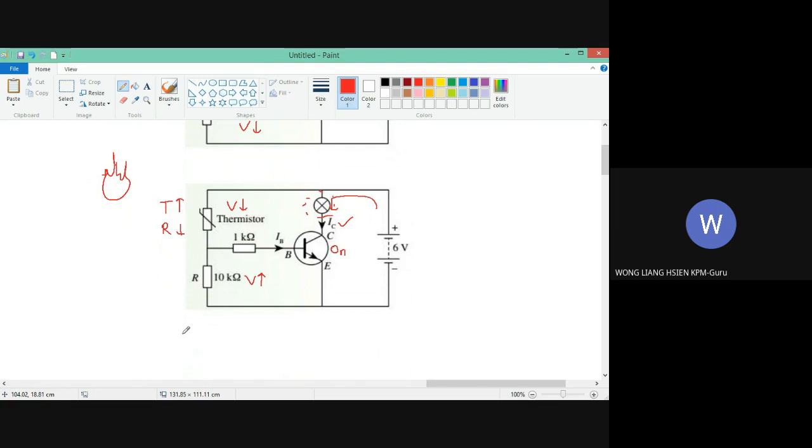It can be used to act as a logic circuit. That means when a certain condition is fulfilled, it can automatically turn on or turn off a certain circuit, allow current to go or not allow current to go, according to a special condition.